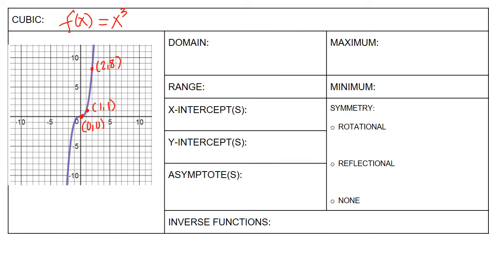The key thing about cubic function is that the points have their opposites. So if I have 1, 1, then I'm going to have -1, -1. If I have 2, 8, I'm going to have -2, -8. So if you look on your graph, you'll see that I have -1, -1, and I have -2, -8.